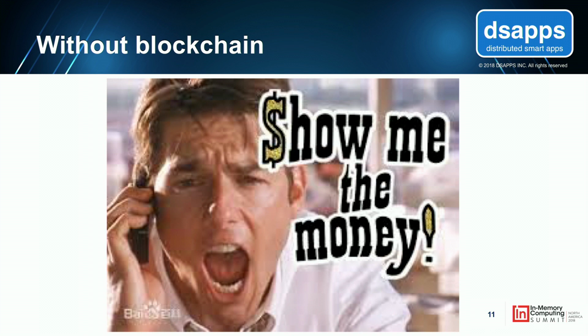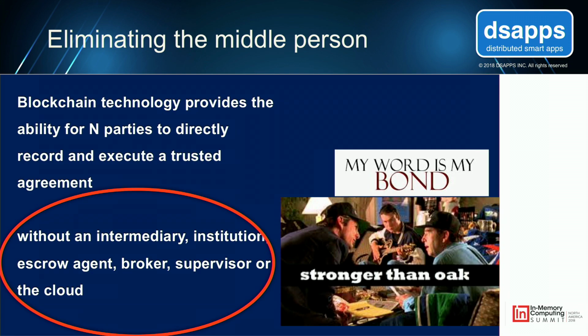So it gives you the ability for end parties to directly record and execute a trusted agreement without the intermediary, without institutions. When the Nakamoto paper was written in 2008, they wanted to not be at the mercy of the big banks.